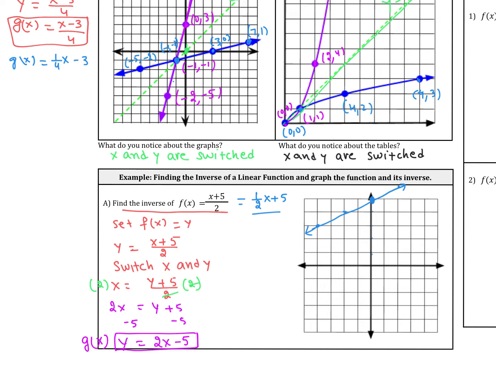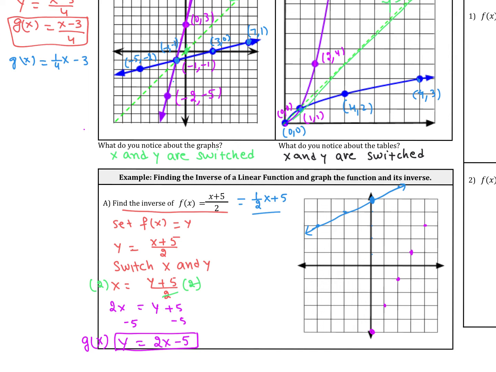To graph another line, the inverse function 2x minus 5, you have negative 5 as your y-intercept. The slope is 2, so you're going to go up 2 over 1, up 2 over 1, up 2 over 1.